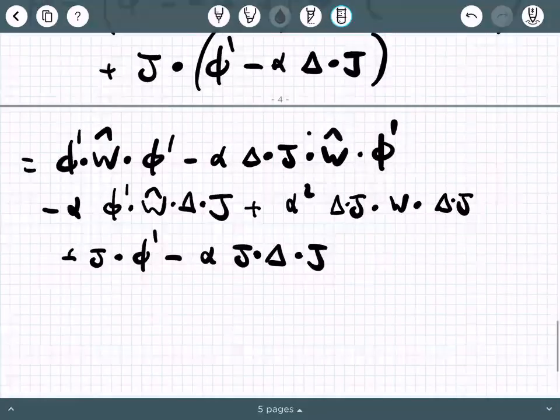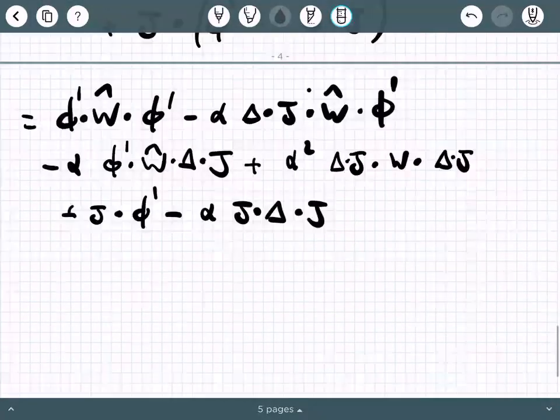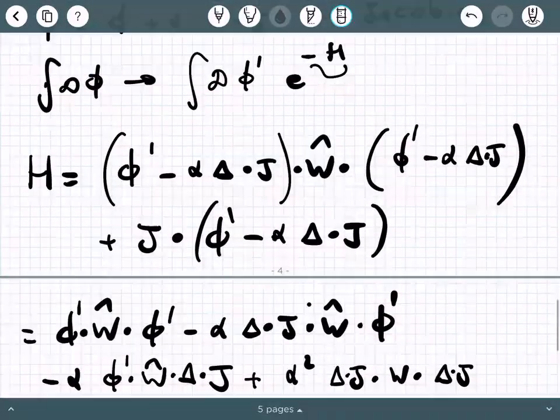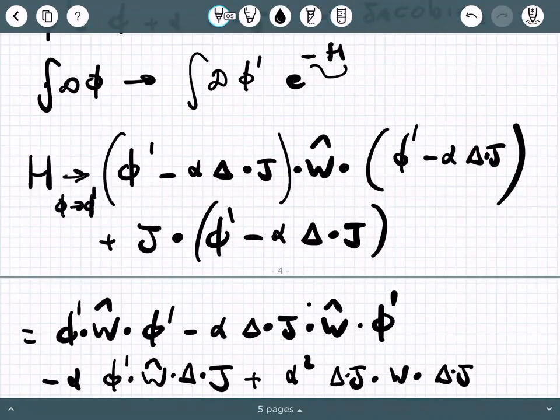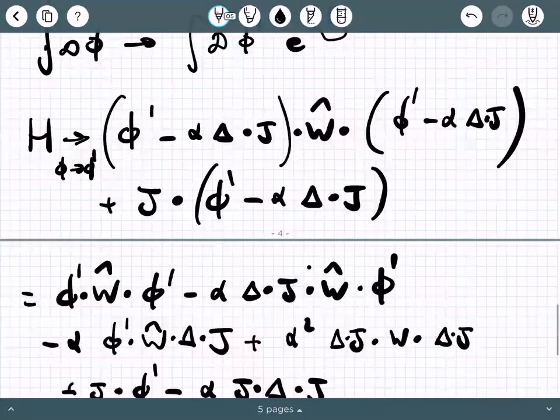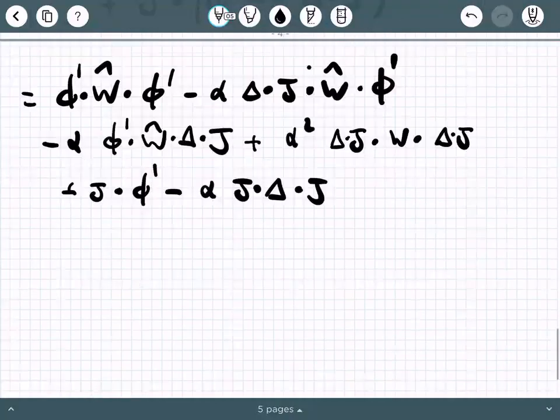So this is what the Hamiltonian gets transformed to after I go from phi to phi prime, right? Now, as you can see, this is equal to the original Hamiltonian. Let me call it H naught, written in terms of phi prime. That is this term here.